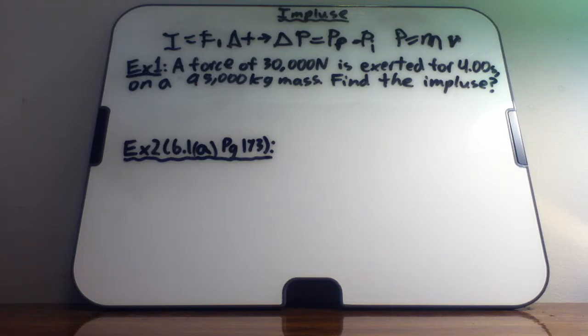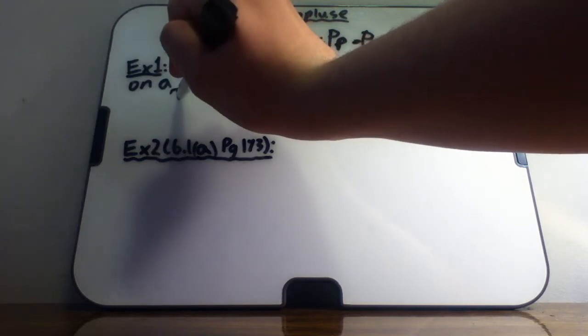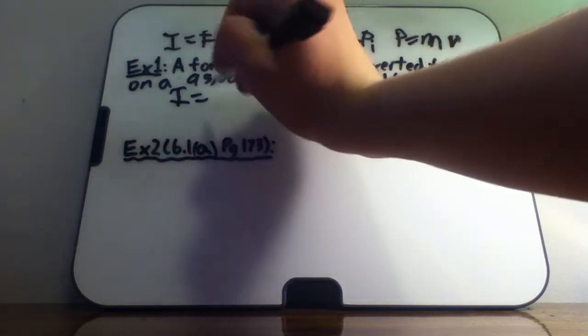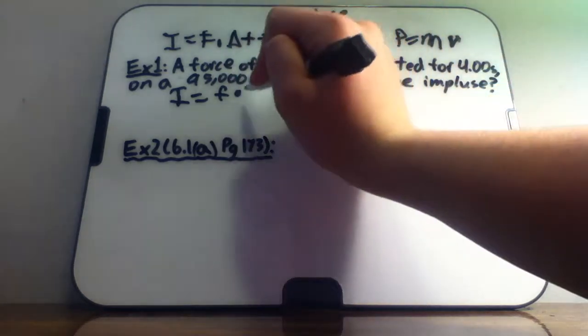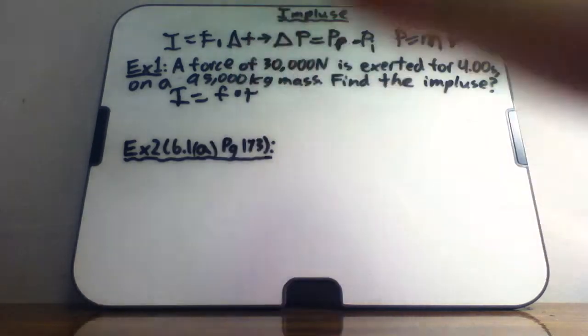A force of 30,000 newtons is exerted for 4 seconds on a 95,000 kilogram mass. Find the impulse. The way we're going to solve this is we're going to use the first equation, impulse equals force times time.